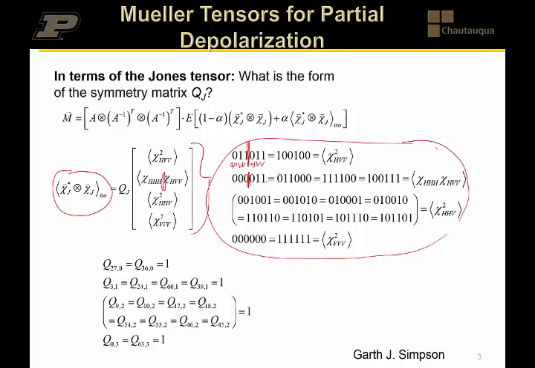The advantage of relating it in terms of binary is that now we have a bookkeeping tool, because it's kind of a pain to keep track of all 64 of these things one at a time. So we can take advantage of binary counting to know which tensor elements correspond to which places in this Jones tensor product. And I'll show you how that plays out right here.